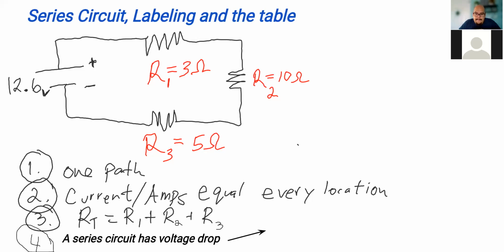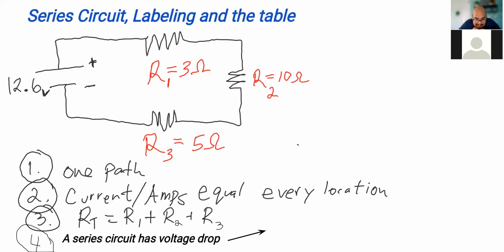In other words, depending on the size of the resistor, that will determine how much voltage will go to each one.